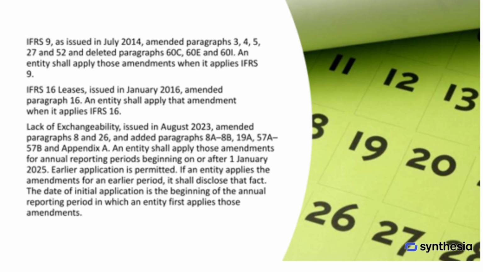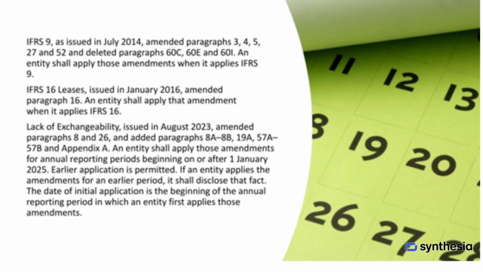IFRS 9, issued in July 2014, amended paragraphs 3, 4, 5, 27, and 52, and deleted paragraphs 60C, 60E, and 61. An entity shall apply those amendments when it applies IFRS 9. IFRS 16 Leases, issued in January 2016, amended paragraph 16. An entity shall apply that amendment when it applies IFRS 16.